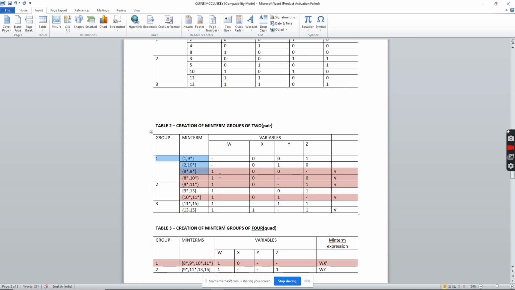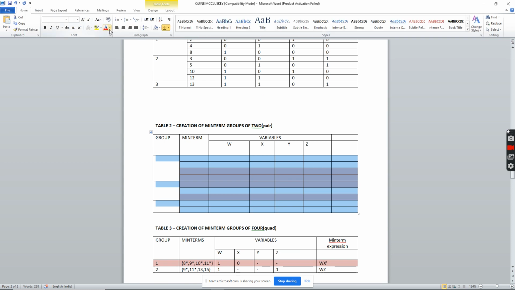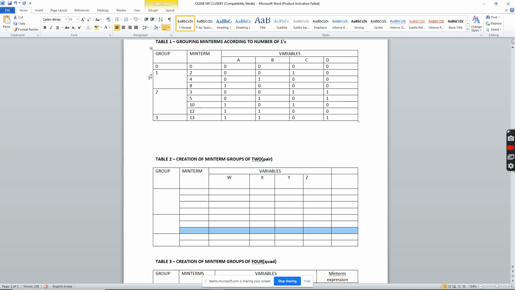So now I will be clearing the cells. Now, next group will be creation of min-term groups of 2. So I'll be going with the 0th group.